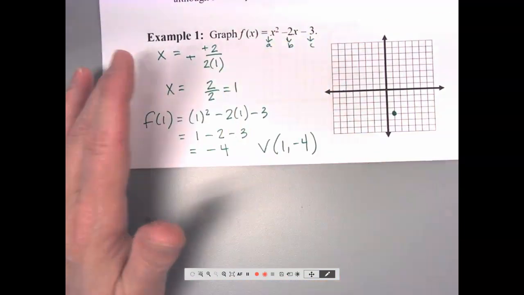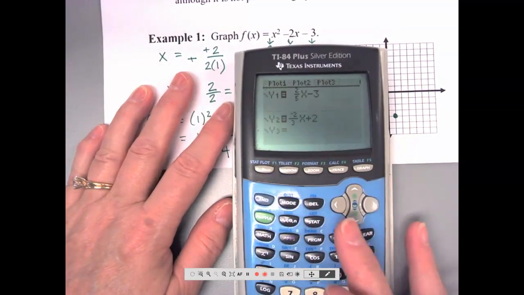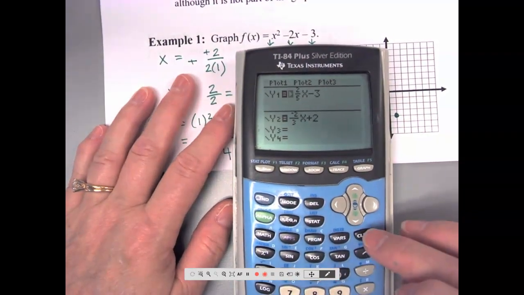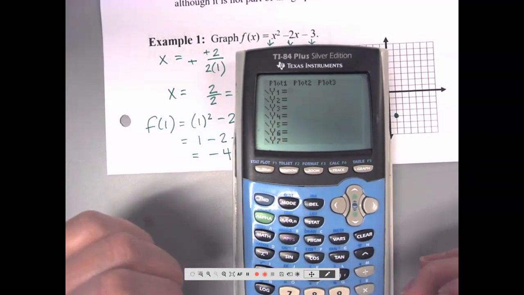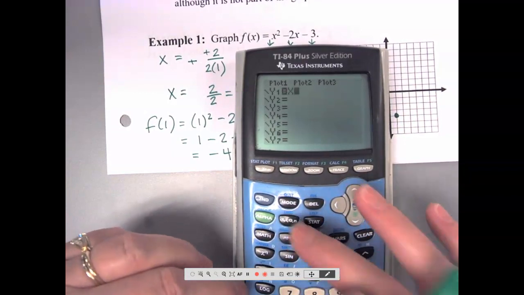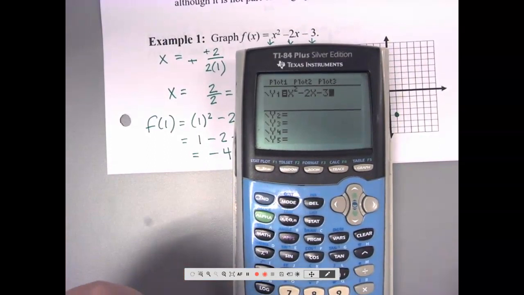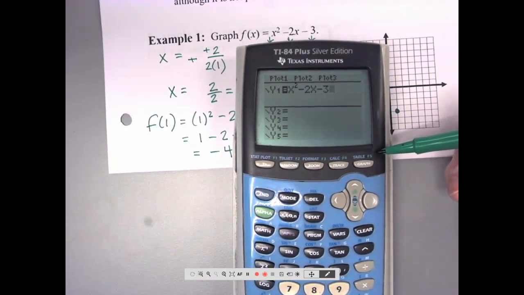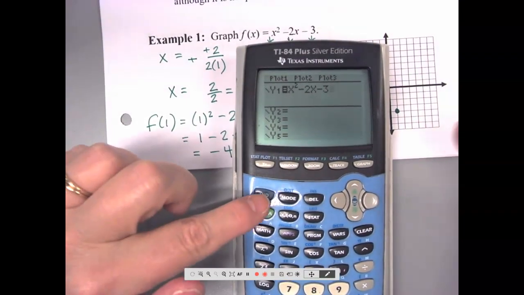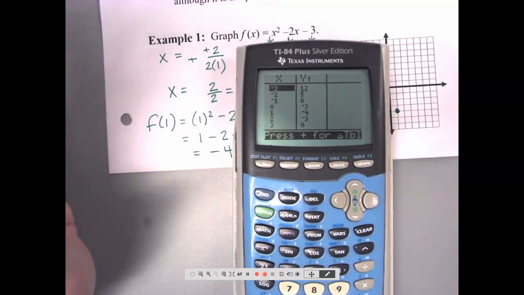Okay, if you're on the graphing calculator, you're going to have to go to y equals. If you got other junk in there, you got to clear it out. Now we're going to type in x squared minus 2x minus 3. And for the graphing calculator, see where it says table, which is above the graph key? We're going to access that table. So we're going to push second graph, and there you should find some ordered pairs.